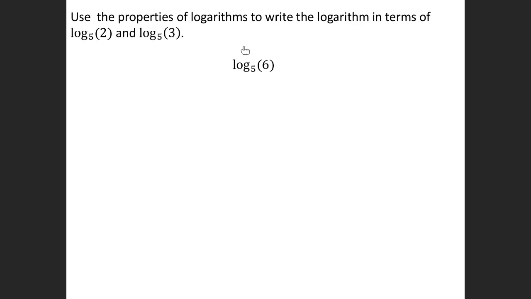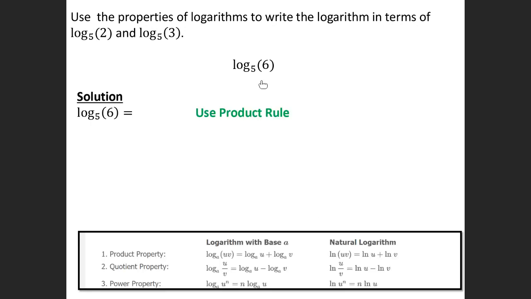So let's try some of these. It says use the properties of logarithms to write the logarithm in terms of log 5.2 and log 5.3. Okay, so in I think it's section 3.2, we were introduced to the properties, the product property, the quotient property, and the power property.